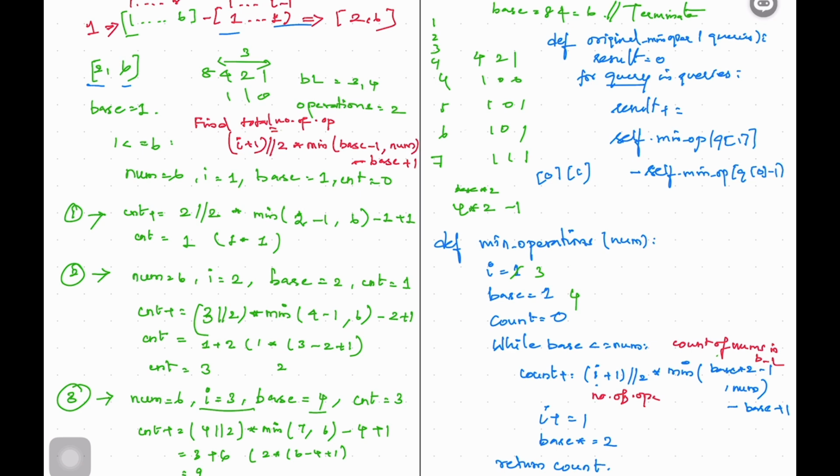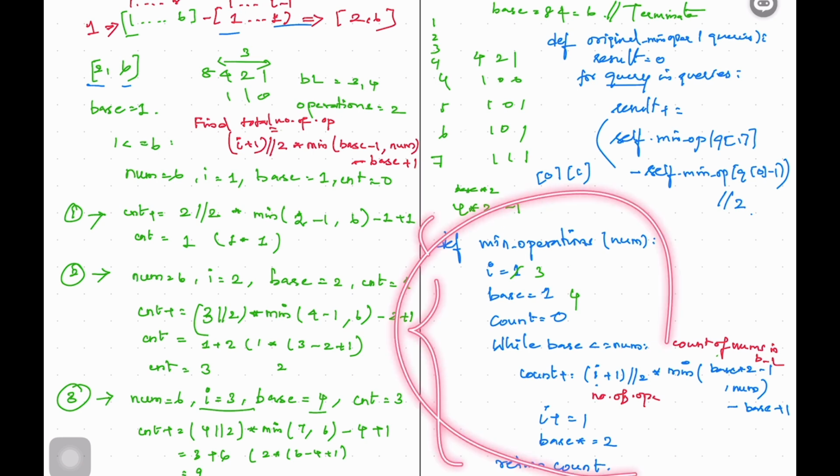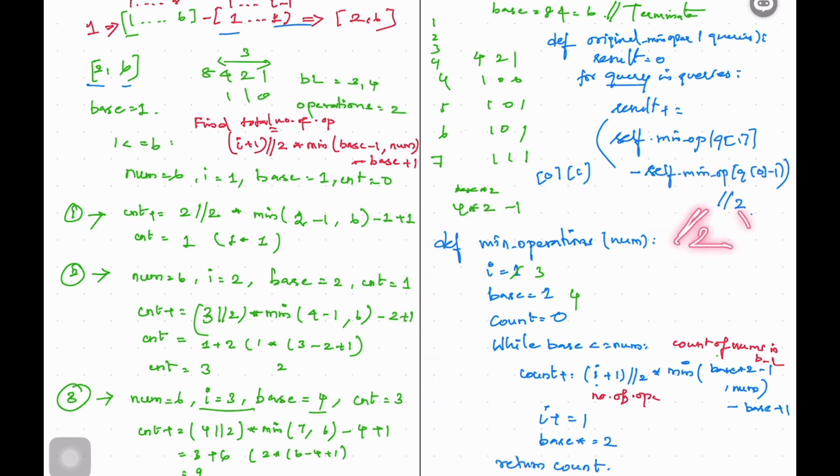Once you get this difference, we will be dividing it by 2, because this min operation considers only one at a time. But our question said we can pick any two numbers at a time. So by dividing it by 2, we are returning the result at the end.